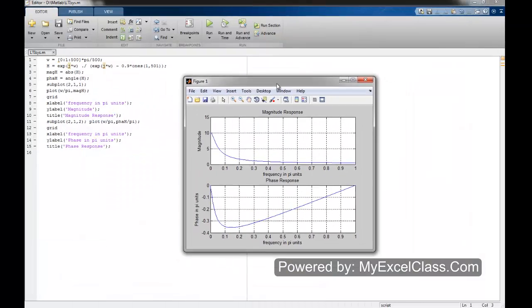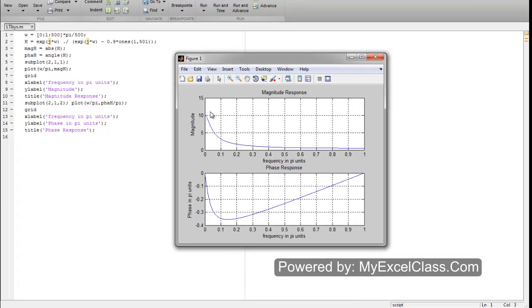So this is our plot: an LTI system magnitude response and its phase response has been plotted by Matlab. You can see the frequency is in pi units, and phase is also in pi units. So this is how you can compute responses of your LTI system in Matlab.